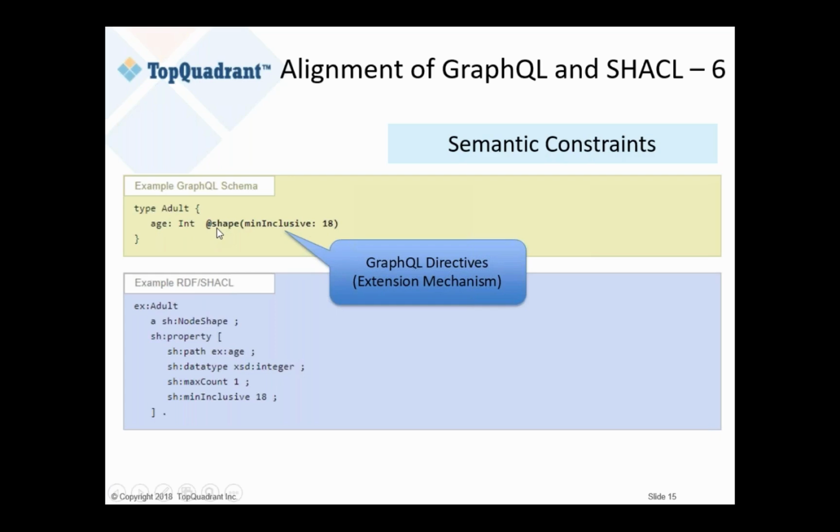In this case, we have defined a library of GraphQL extensions for expressing SHACL core constraints, like min-inclusive, min count, max count, and all these other typically used features. And that allows you to basically go seamlessly. You can start your definitions in GraphQL if you like. You can still use SHACL-specific features, and they will be turned into SHACL RDF on the fly.